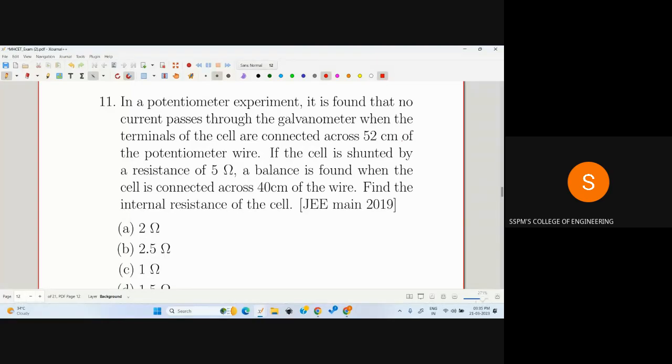And if the cell is shunted by a resistance of 5 ohm, the balance is found when the cell is connected across 40 centimeter of the wire. Find the internal resistance. Two cases are given. In the first case, let me draw the diagram of the potentiometer.